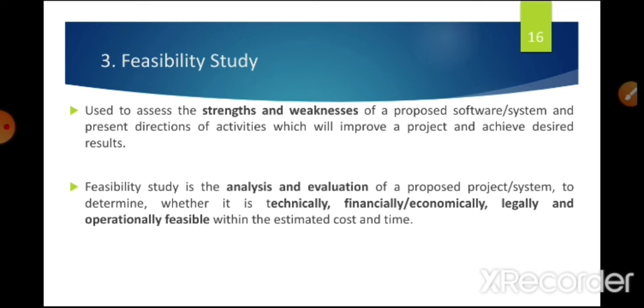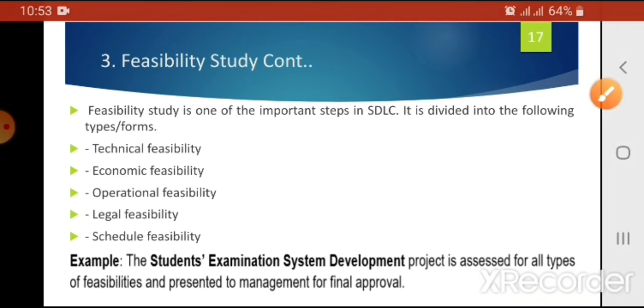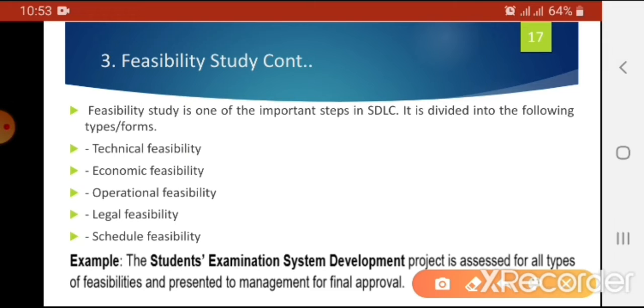After planning, we will move towards the feasibility study. In the feasibility study, we look for the strengths and weaknesses of the system. What are the strengths of the proposed system and what are the weaknesses of the proposed system? We perform this feasibility study on the following circumstances: technical, economic, operational, legal and schedule.